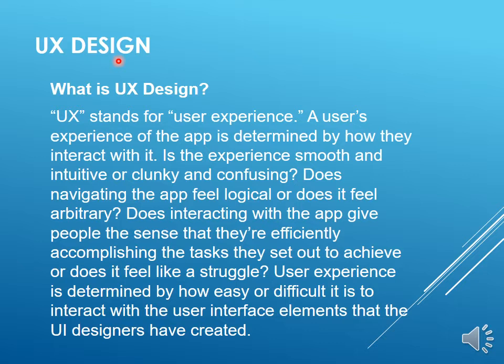Some people can read italic very easily, but for some people italic is very confusing, so it will not be a good user experience. So all these things fall in UX design. User experience is determined by how easy or difficult it is to interact with the user interface elements that the designers have created, so that is UX design.